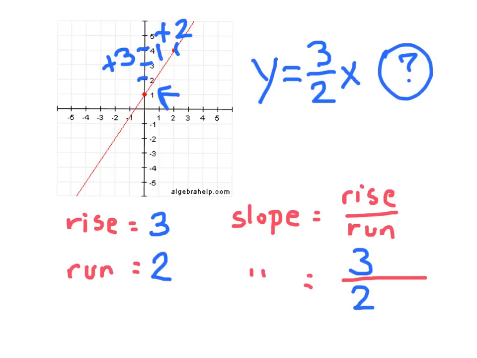Well, it's right here. It's 1. If x is 0, y is going to equal 1. So the rule for this line would be y equals 3 over 2 x plus 1.